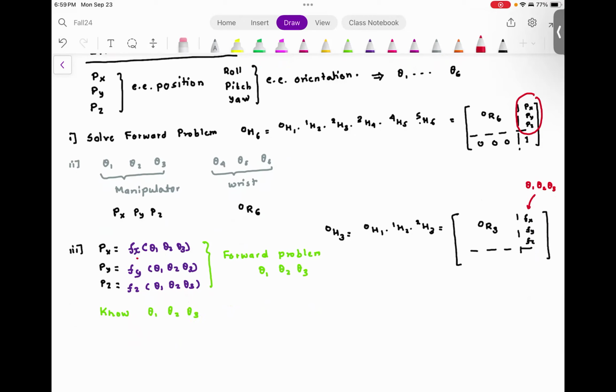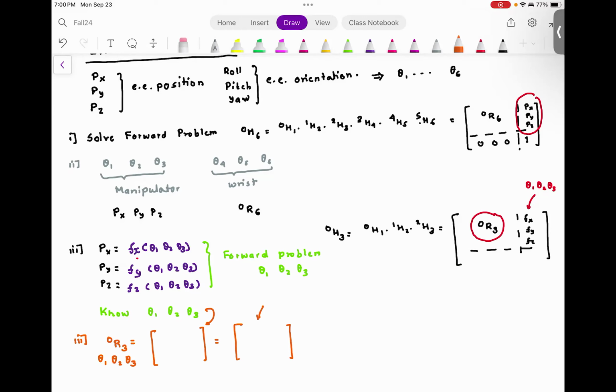Now understand, you have 0R3 over here. This 0R3 is also a function of theta 1, theta 2, and theta 3. Do you agree with me? You would substitute these known values of theta 1, theta 2, and theta 3 and find out the actual answer for 0R3. So you will actually get numbers here.